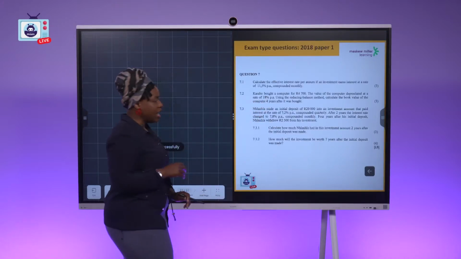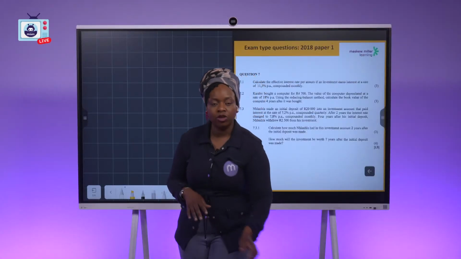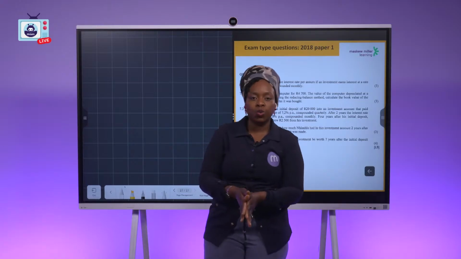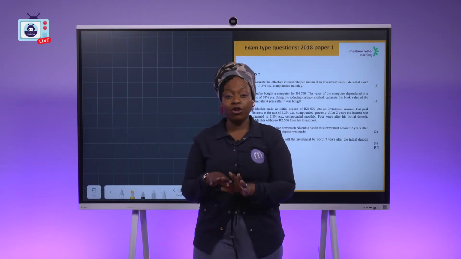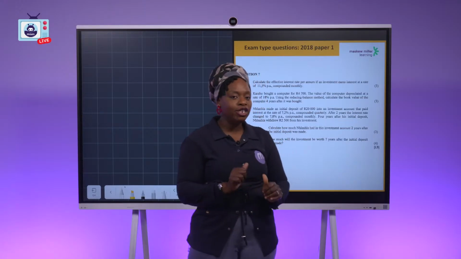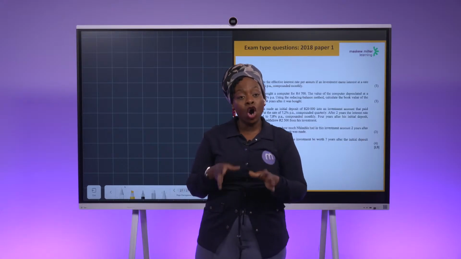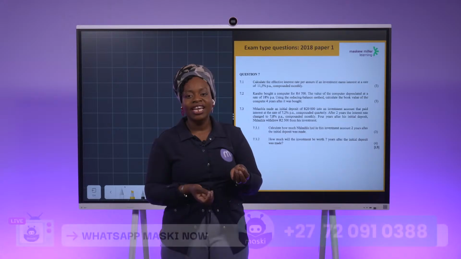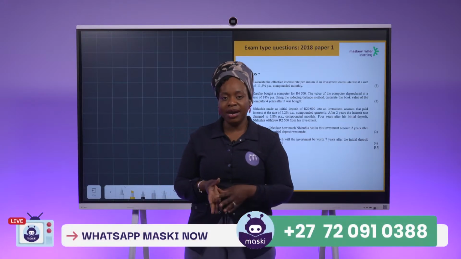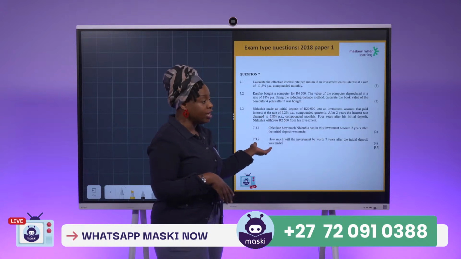Since we have done the summary and you have seen which formula to use when, and how to use it, I will give you a few minutes to settle down and run to your laptop, internet, or go to Maski. Our phone number is 072-091-0388, and ask Maski to give you the question paper of 2018.